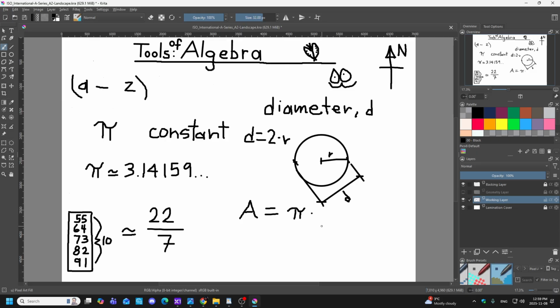So I've run out of room here, so I'm going to clean up a little bit using my eraser. Area equals pi multiplied by the radius squared.